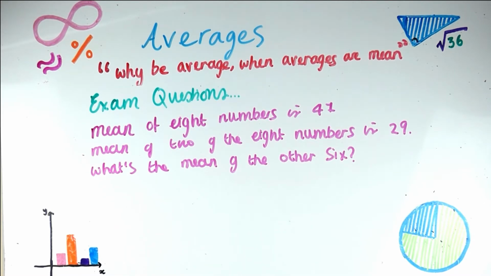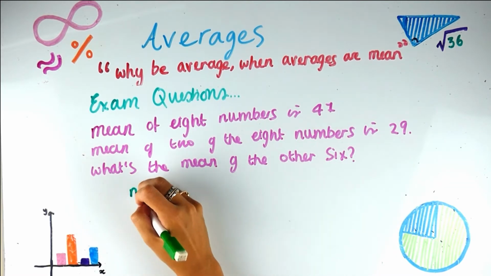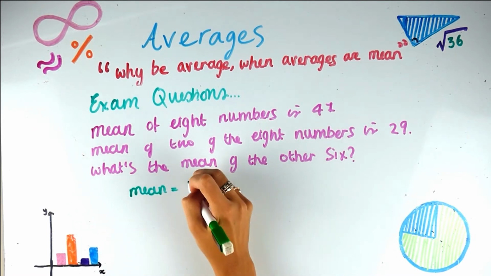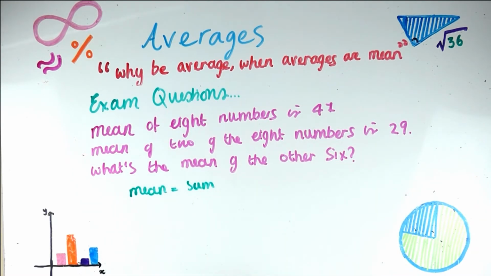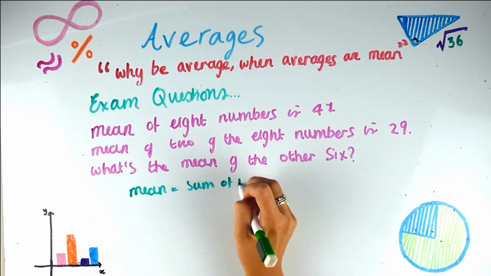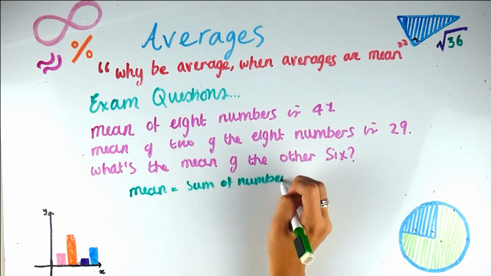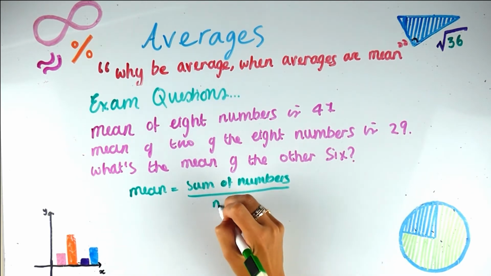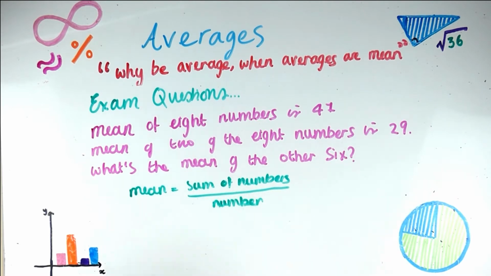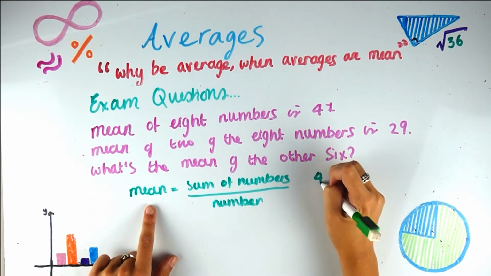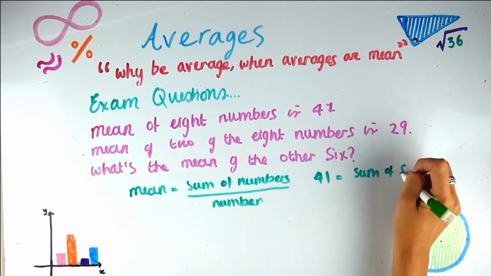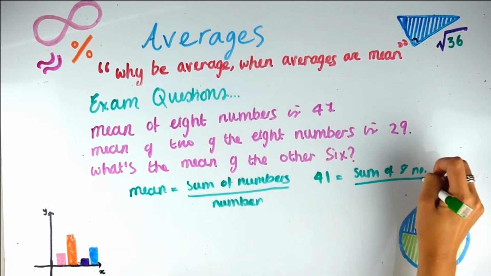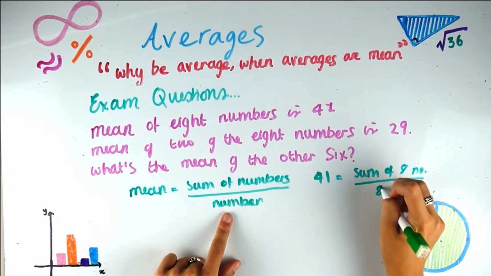So if I was putting that into my mean equation, mean is the sum of all the numbers divided by the number of numbers. So if I put that in here, it's given me the mean. 41 is the sum of the 8 numbers divided by the number of those, which is 8.